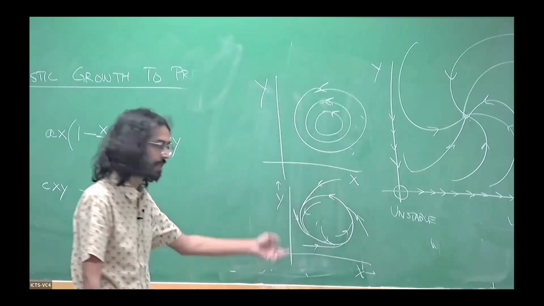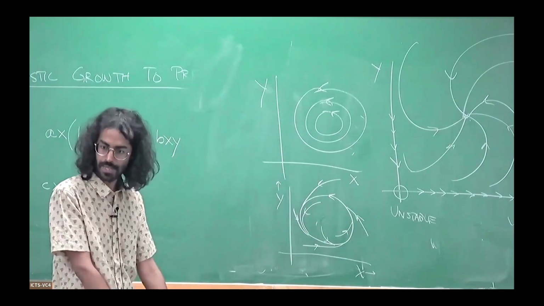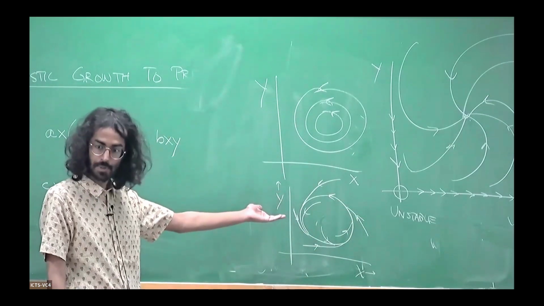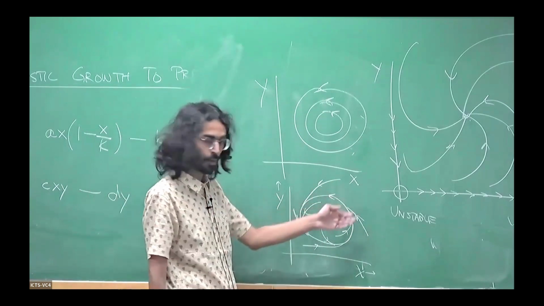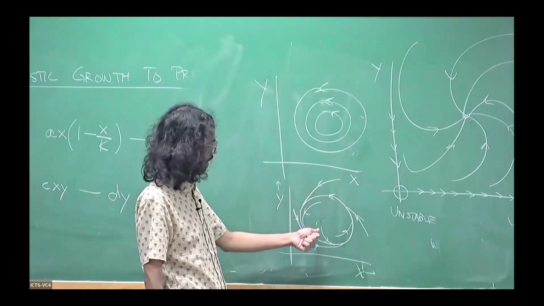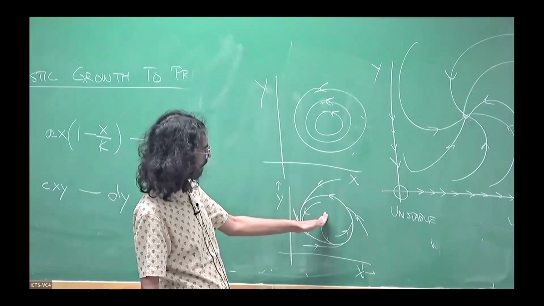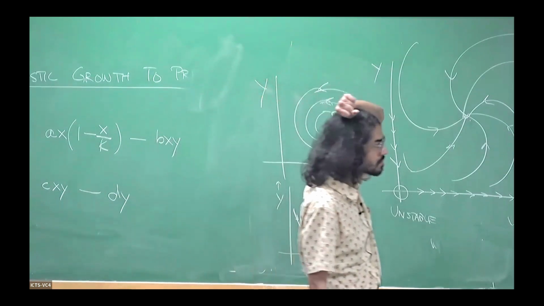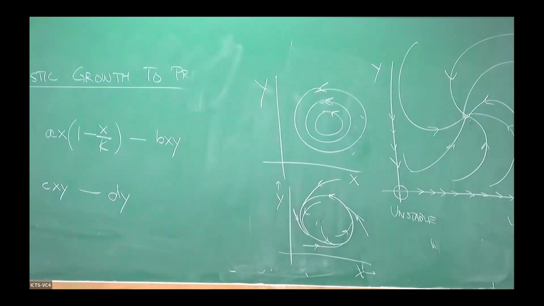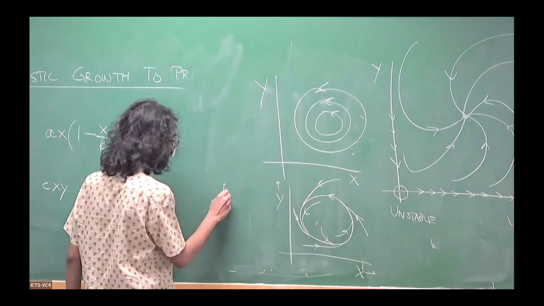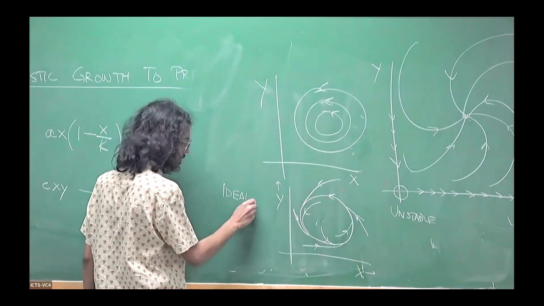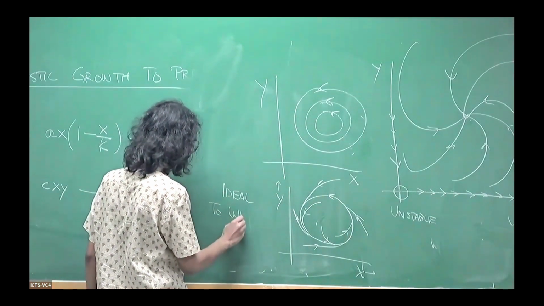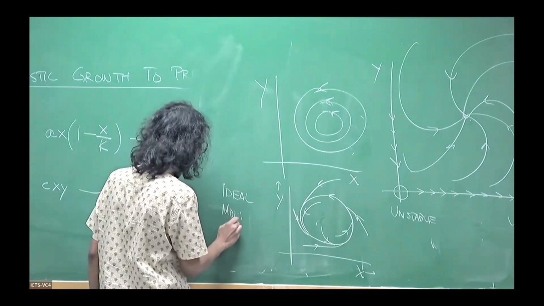And in that sense, you get what's called a stable limit cycle. You can also get an unstable limit cycle where you have an orbit, but if you perturb away from it, you either go inward or outward forever. Currently, we haven't seen a model like this. This is the kind of model that we would like to make. This is the ideal to which we are aspiring, and we're going to do that now. Ideal model behavior.